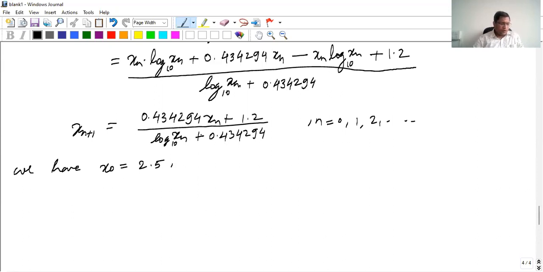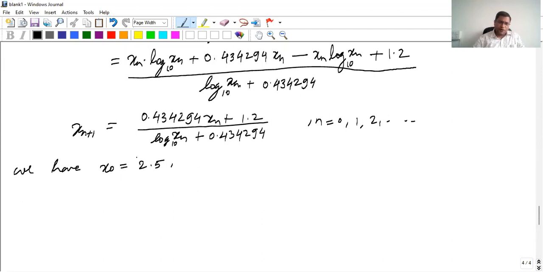It is going to be 0.434294 times x plus 1.2, and in the denominator it will be log of x plus 0.434294. So we have to calculate.